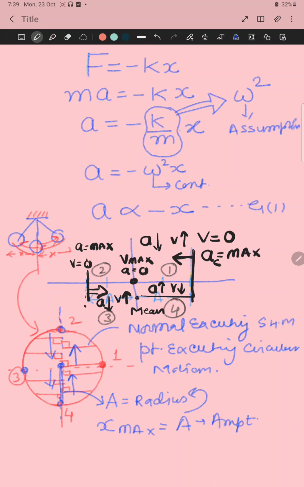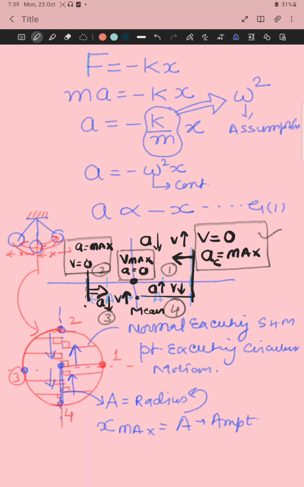Clear? And always remember, at the extreme position velocity or acceleration is as discussed, and this is the mean position, and once again extreme. So extreme, mean, extreme, because this piece of information might be asked in any way.